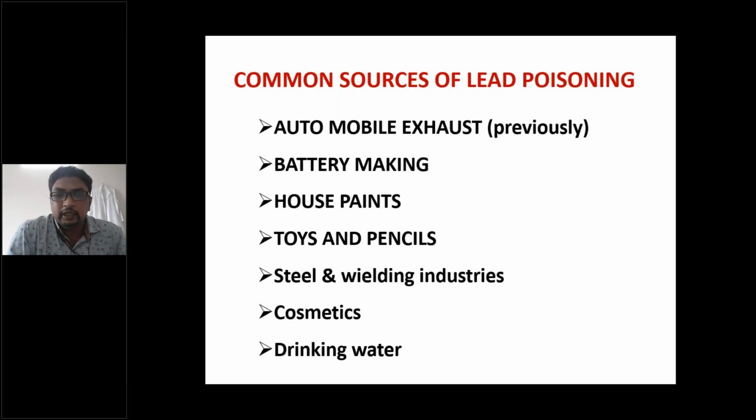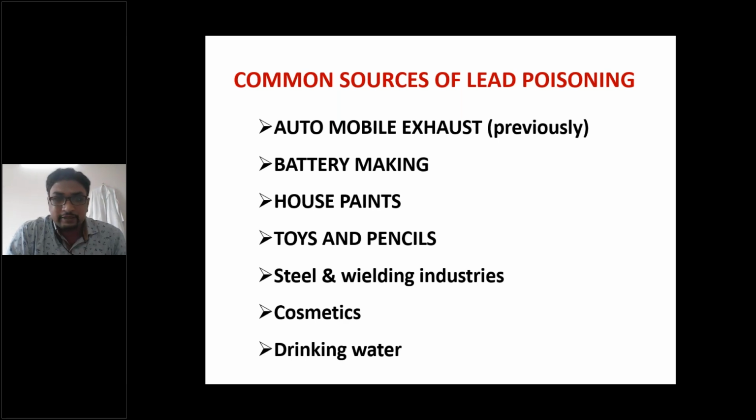Mostly lead poisoning will occur in the house with children. Children sometimes scrape the paint and eat it. Even though they eat a small amount of paint, over a prolonged time it can cause poisoning.